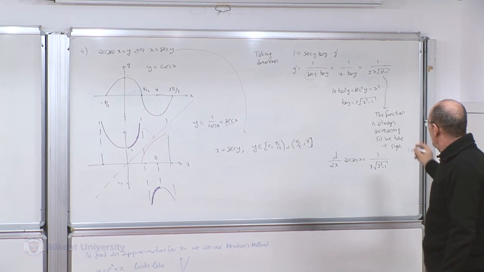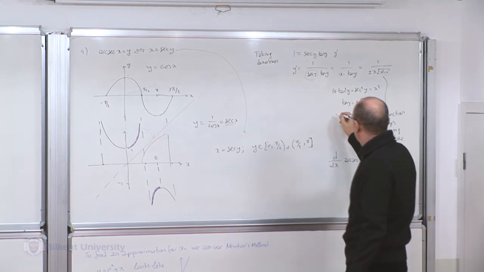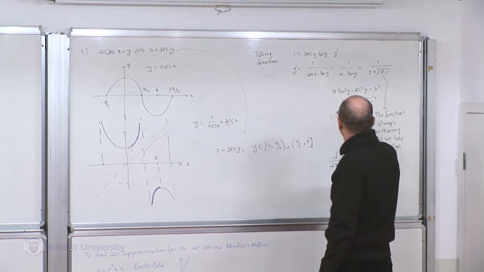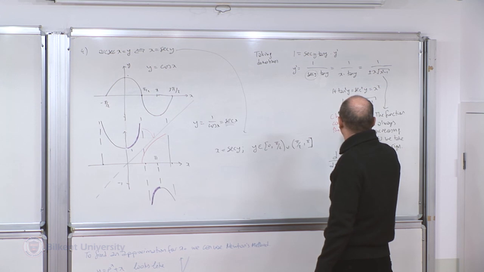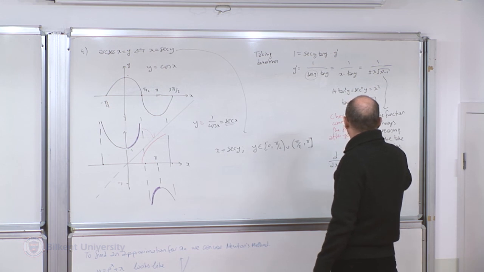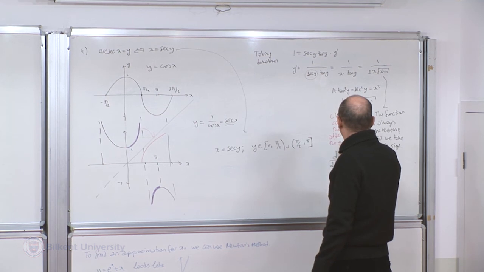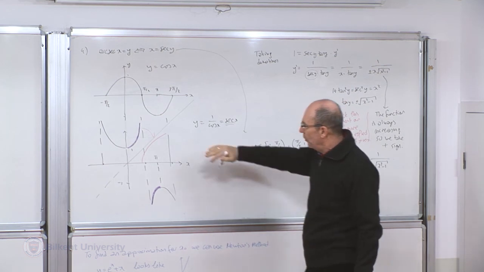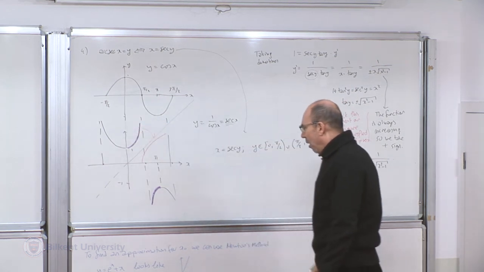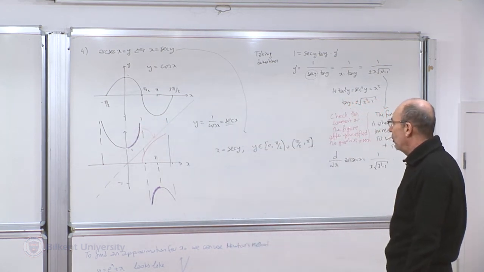Maybe check this part as homework, check this comment on the figure after you reflect the graph of y equals secant x. So you reflect this and then check if it is increasing or decreasing.